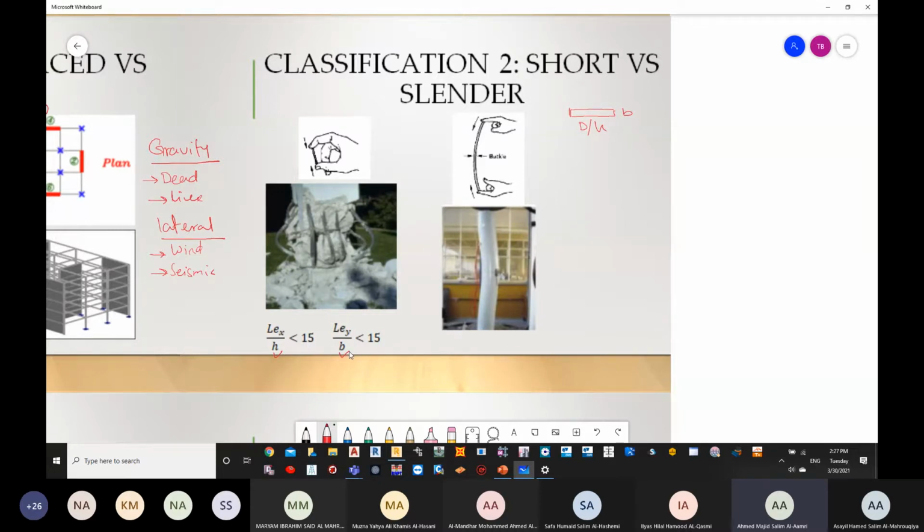Now we need to check the meaning of LEX and LEY. Let us say that this is my column, and the height of the column is 3.5 meters.